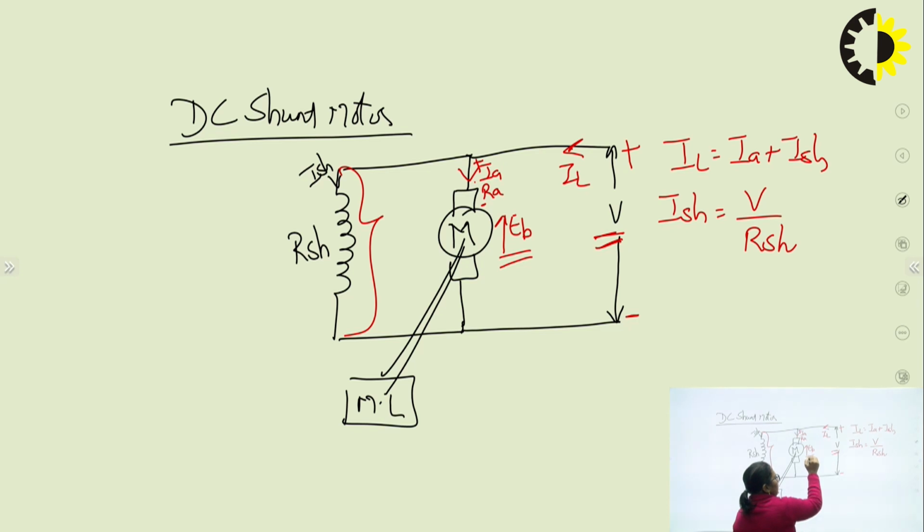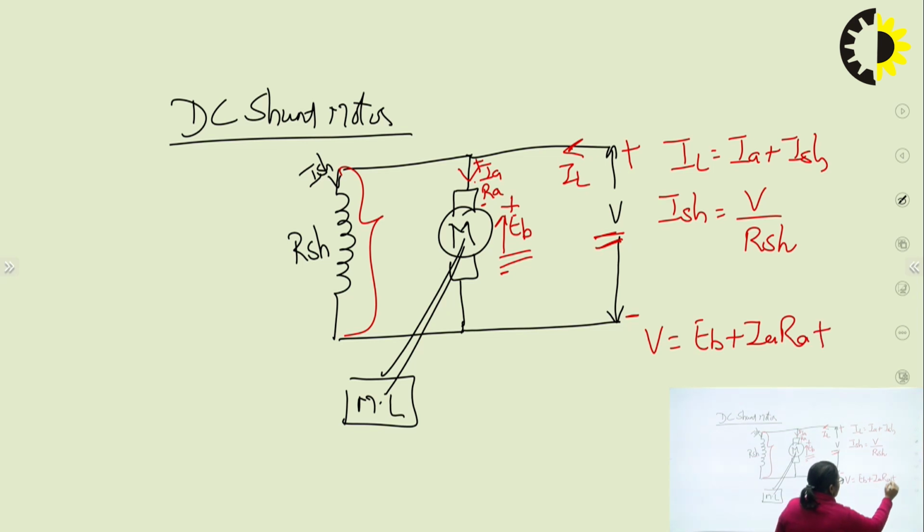Here once again, it is positive, here it is negative. So if I once again apply my KVL in this loop, the equation we will get is V is equal to EB plus IARA. The reactance drop is also there, but presently we are considering it to be negligible. Considering the brush drop, or V brush, we have a small amount of drop occurring in the brushes as well, which is generally 1 or 2 volt per brush.